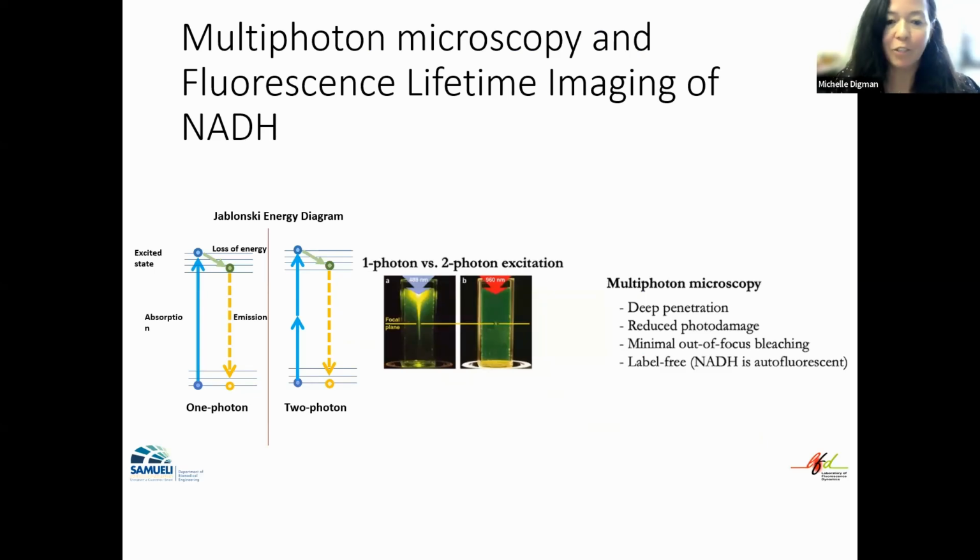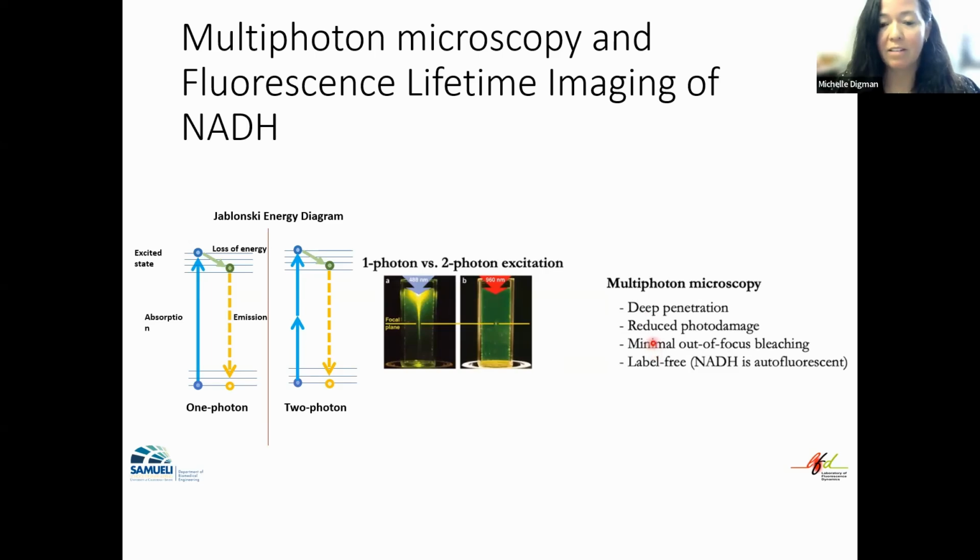As you all know, and I don't have to go into great detail, we use multiphoton excitation to do most of our fluorescence lifetime imaging microscopy work and data collection. The advantage of two-photon excitation is that it enables you to look deeper into tissues, and organoids as well.